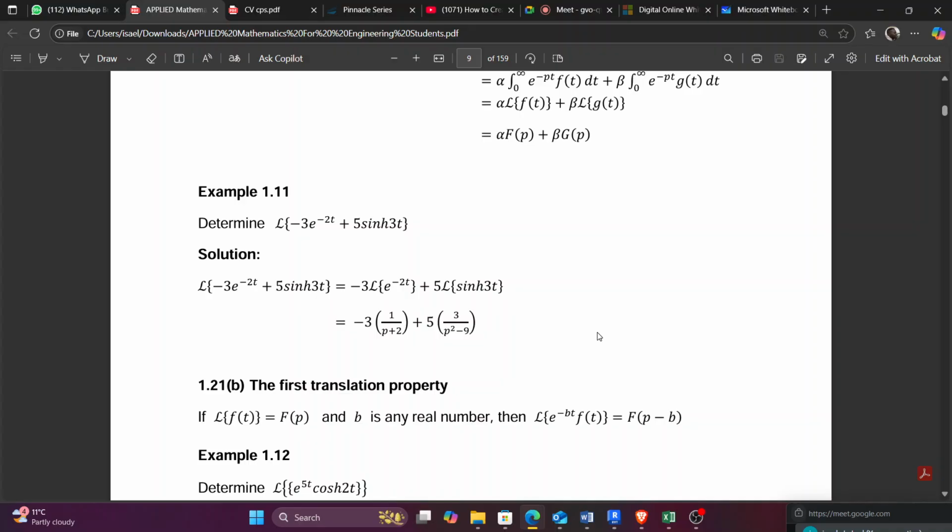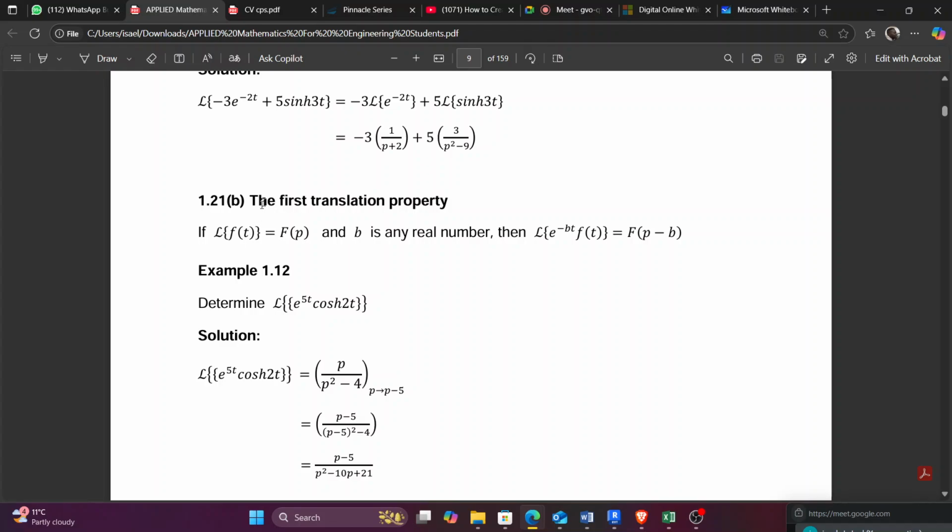Okay, guys. Next thing here is what they call the first principle of translation property. I'm pretty sure if you look at this expression, let me show you. The expression here is e to the 5t. Let me write it down.